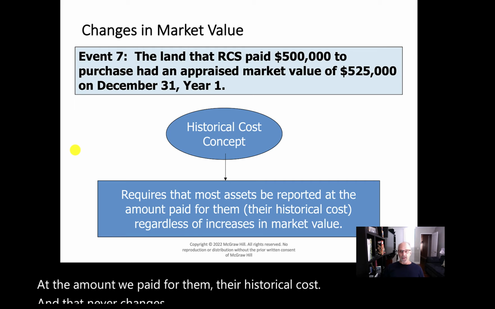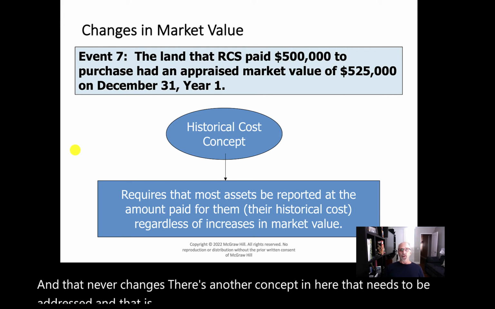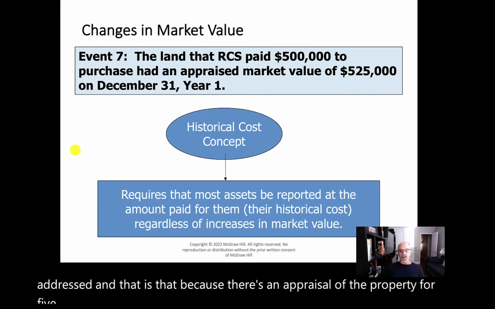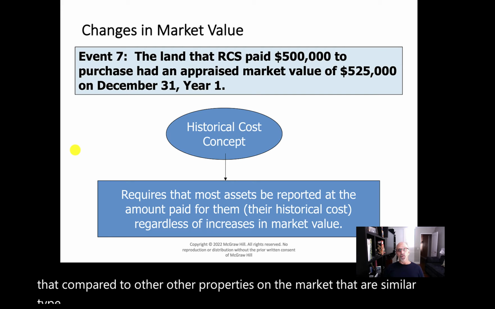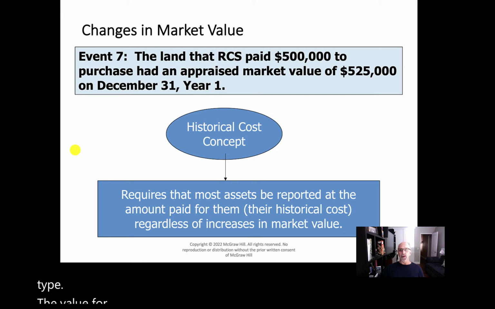There's another concept in here that needs to be addressed, and that is that because there's an appraisal of the property for $525,000, does that mean it's worth $525,000? No, it doesn't. What it means is that compared to other properties on the market that are of similar type, the value for those properties is $525,000.